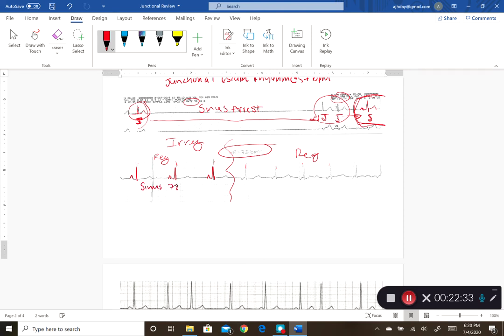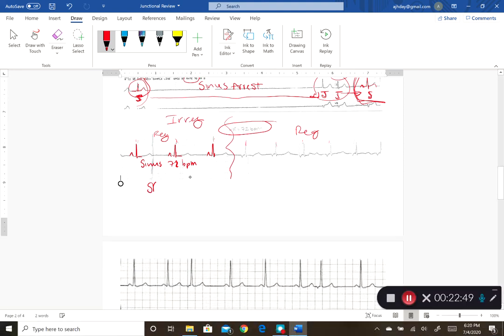And we'll just keep it at a rate of 72 beats per minute because the blocks are worn off and you can't measure it. So I have a sinus rhythm. There's definitely no ectopy. I don't have any ST segment changes. So we can label that one: sinus rhythm at 72 beats per minute.